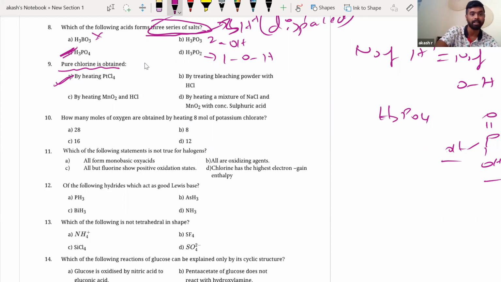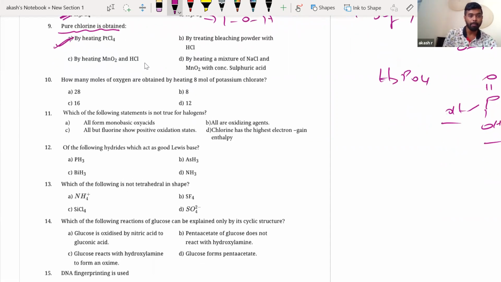Forget about it. Next. How many moles of oxygen are obtained from 8 moles of potassium chlorate? Now if you don't know the formula of potassium chlorate, you are again done. This is KClO3.